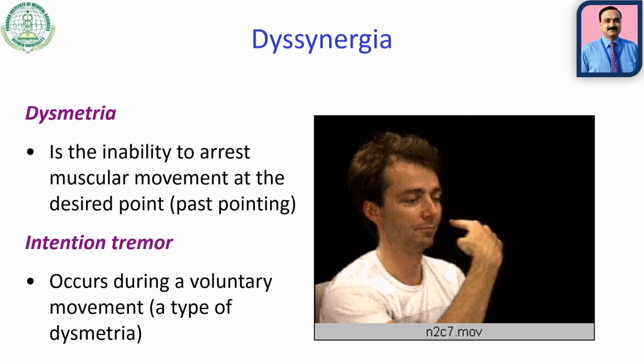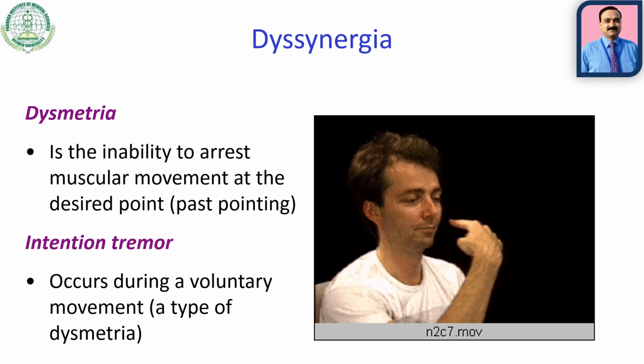Then other features of dyssynergia are dysmetria and intention tremor. Dysmetria is the inability to arrest muscular movement at the desired point. It can be tested by the past pointing test. All these tests you must have studied in physiology.